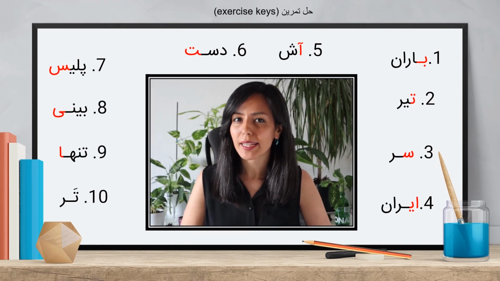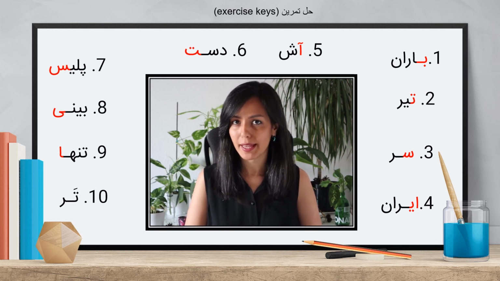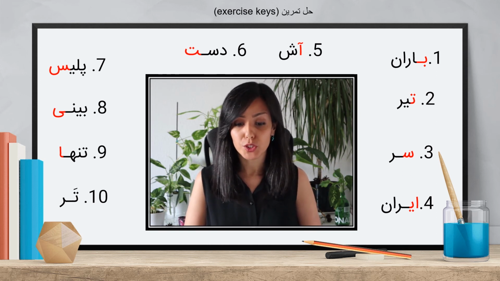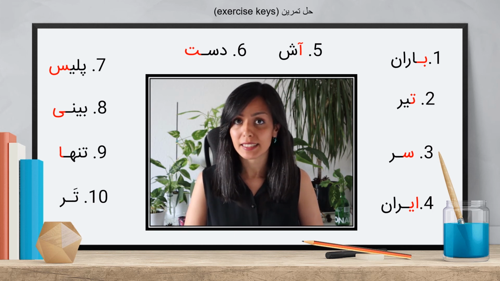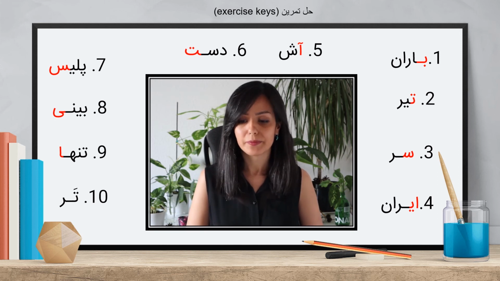Let's see the correct answers. Number 1, Baran. It was B. Number 2, Tir. It was T. Number 3, Sar. It was Se. Number 4, Iran.